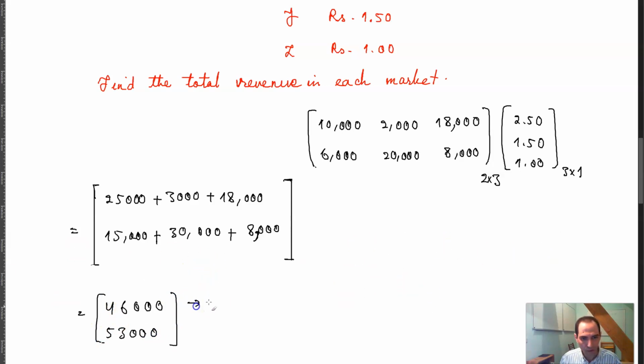This is the revenue for market 1, in rupees. And this is the revenue for market 2 in rupees. Now let me check the answer here.